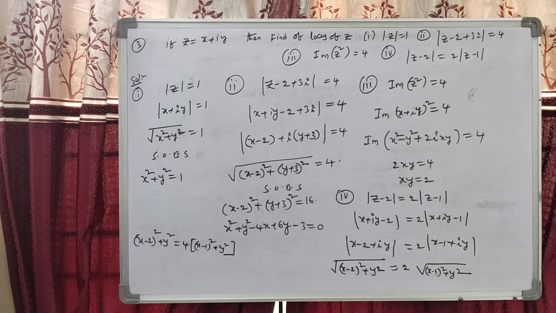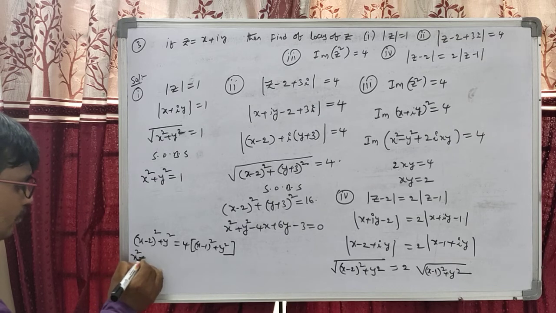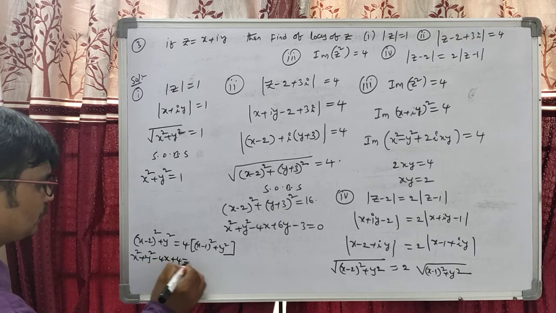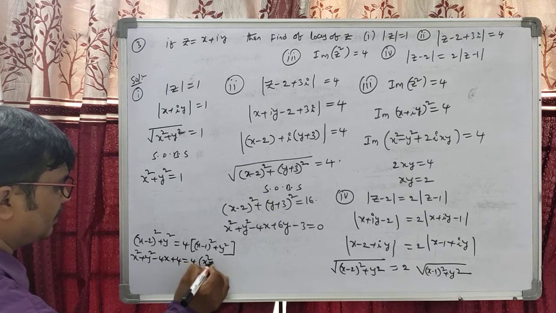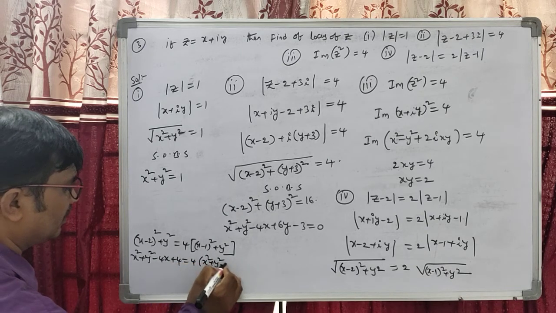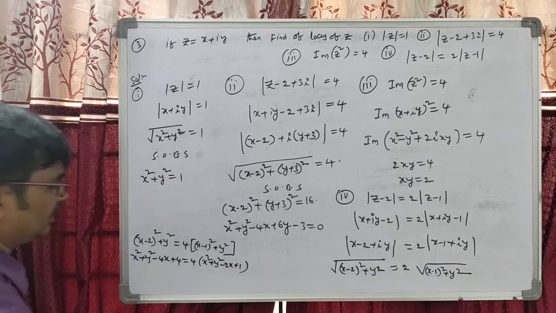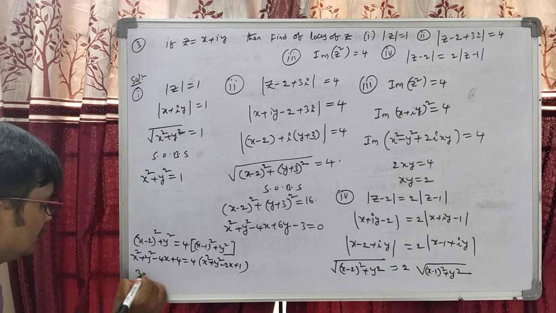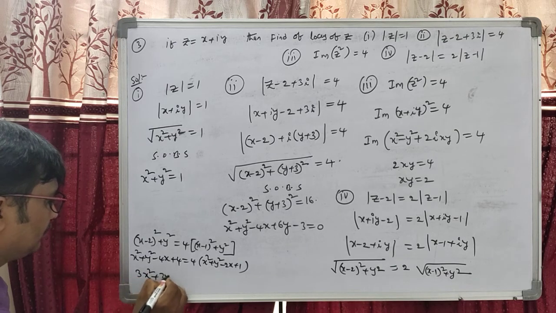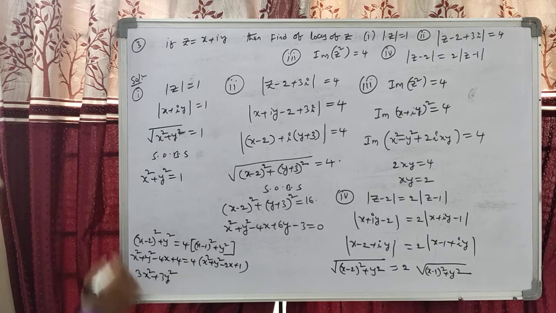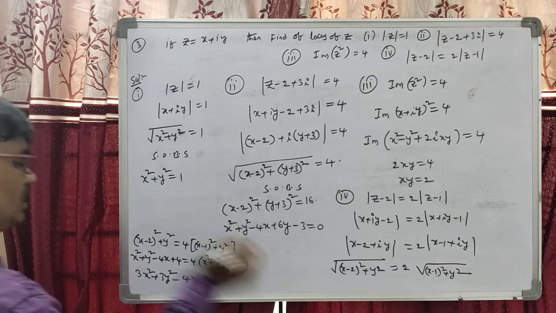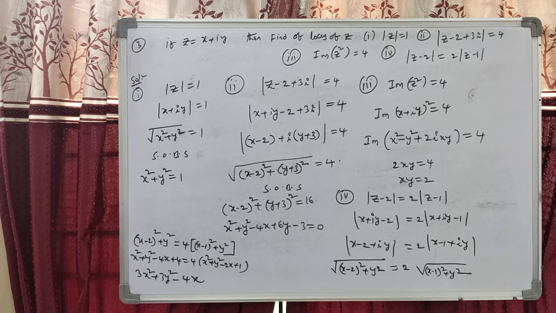This is x square plus y square minus 4x plus 4, equals 4x square plus 4y square minus 8x plus 4. So 4x square minus x square is 3x square, 3y square, and minus 8x plus 4x is minus 4x.